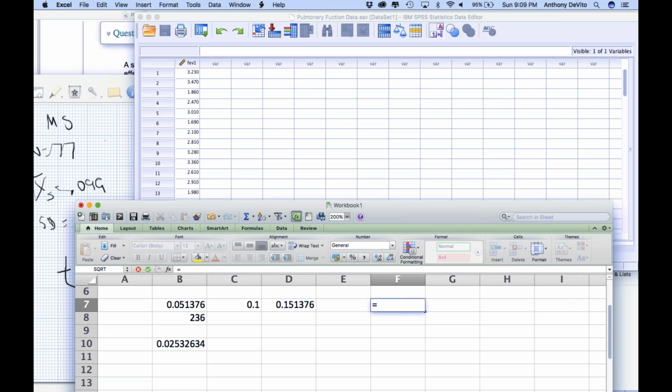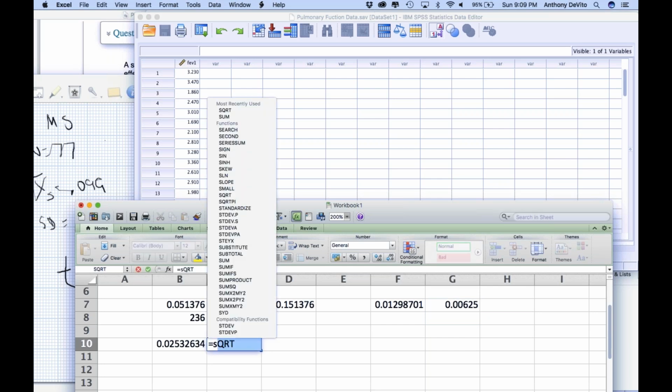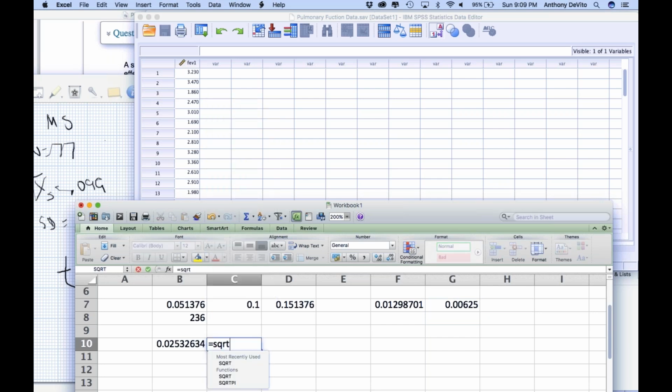Okay, so equals 1 over 77, equals 1 over 160. Then the square root of the sum of those two numbers.